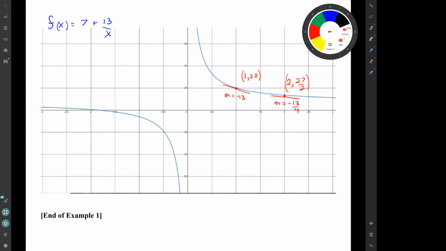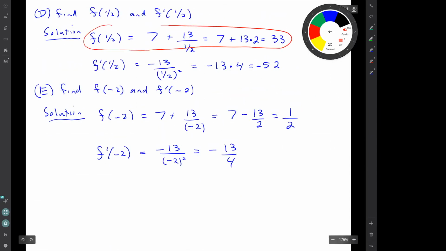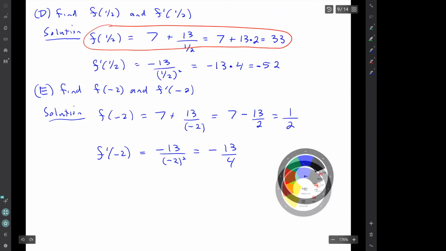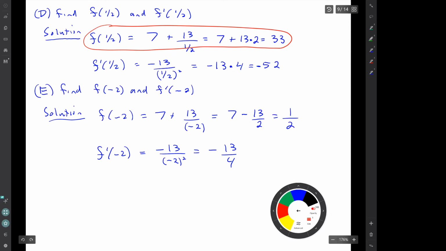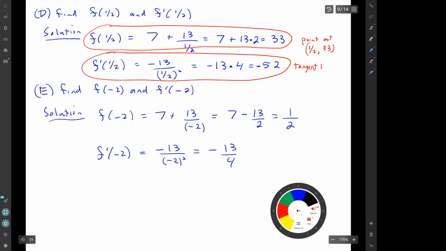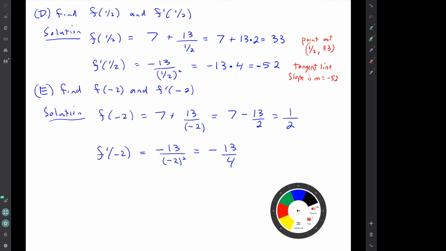Now let's go back up and see our results from D. In D, we found that, which tells us that there's a point at 1/2, 33. And there's this result, which tells us that the tangent line slope is negative 52. Let's add those features to the graph.